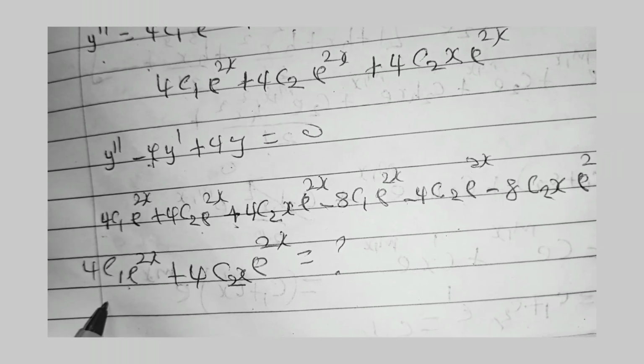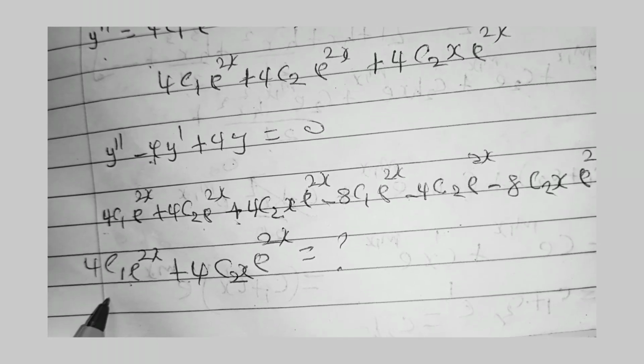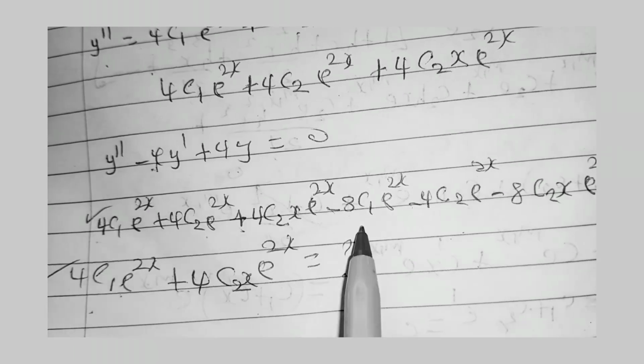This will be equal to, so let us check. You have 4 c1 plus 4 c1, that is 8 c1, minus 8 c1, which will give us 0.